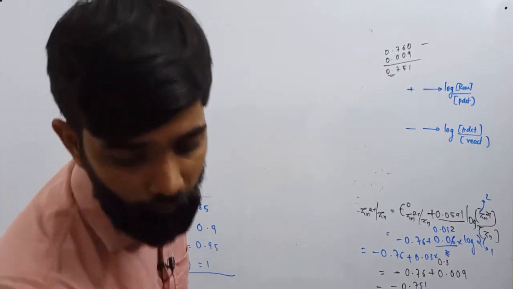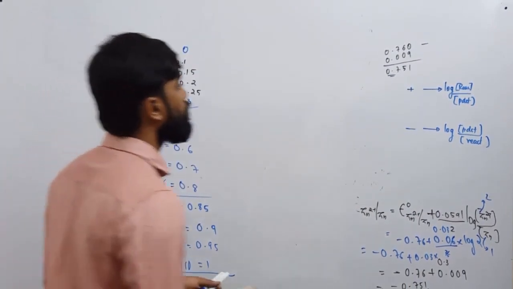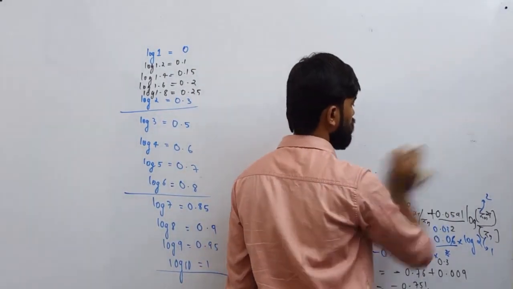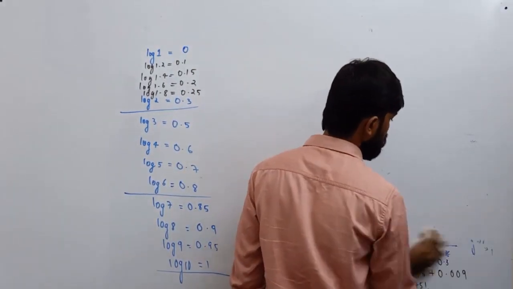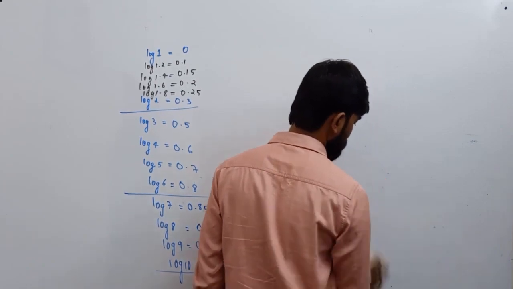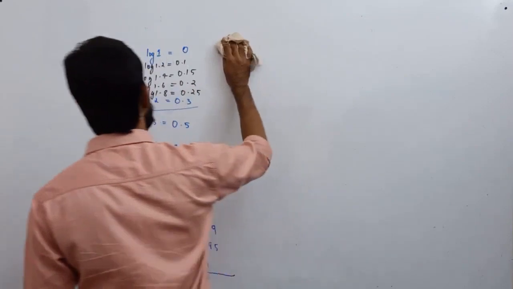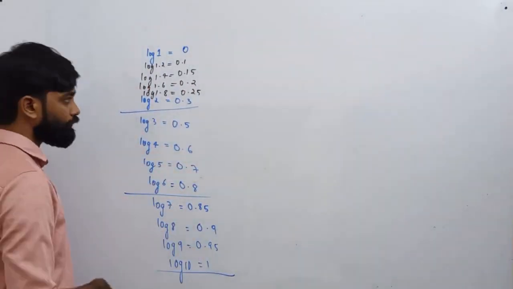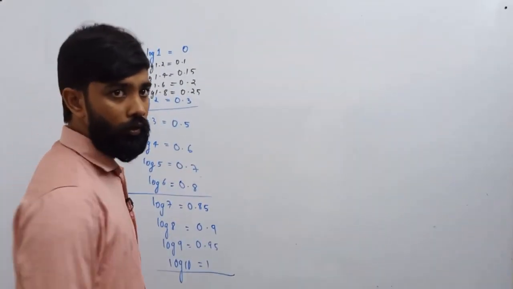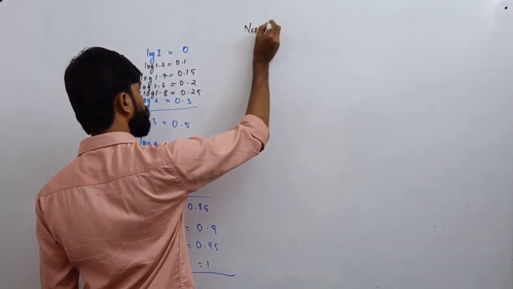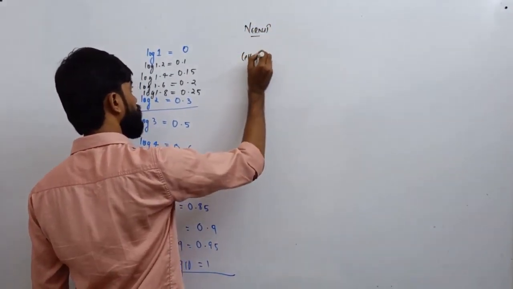Ready? Okay, so moving to the next, the Nernst equation for cell potential. Copy this. Nernst equation for cell potential.